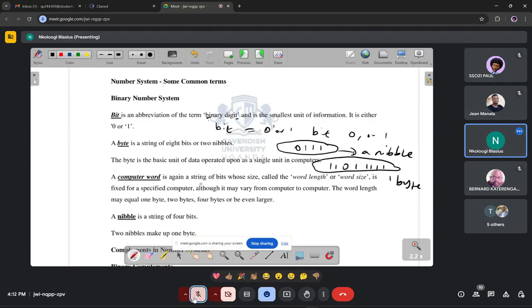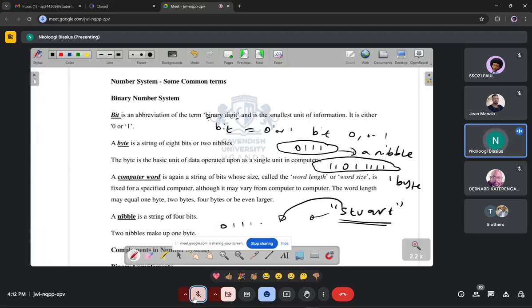Then a computer word. A computer word is a string of bits whose size is called a word length and is fixed for a specific computer. So if I have some string like "Stewart", even though this is the string that I'm writing on the computer, it will be stored in terms of binary.